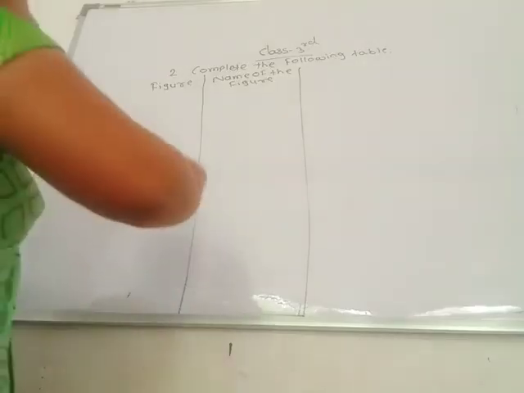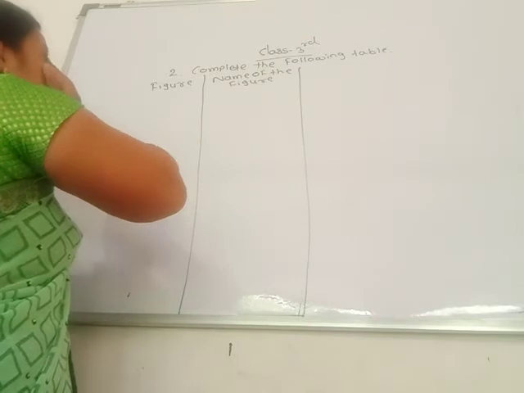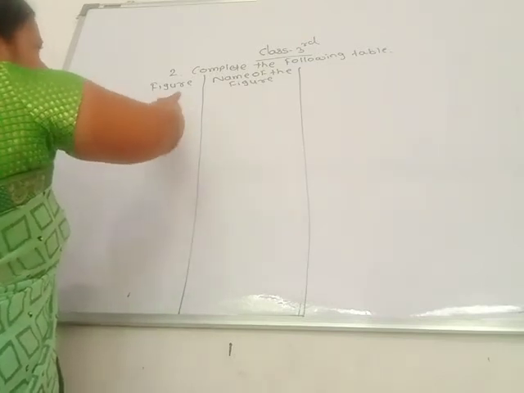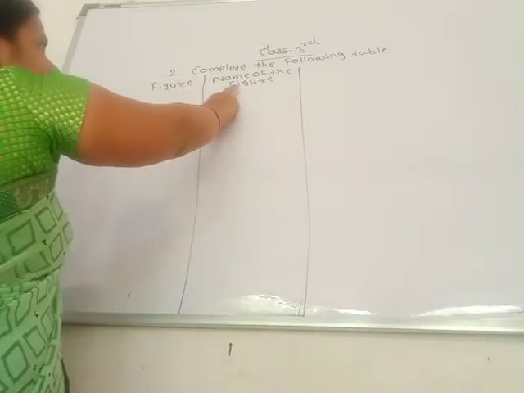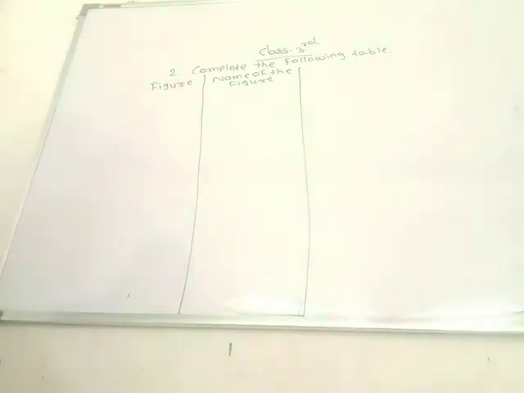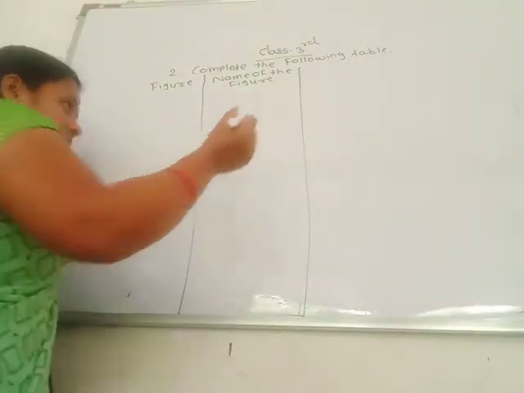You make one table in your notebook. Make columns: first one figure, name of the figure, number of edges and number of corners.